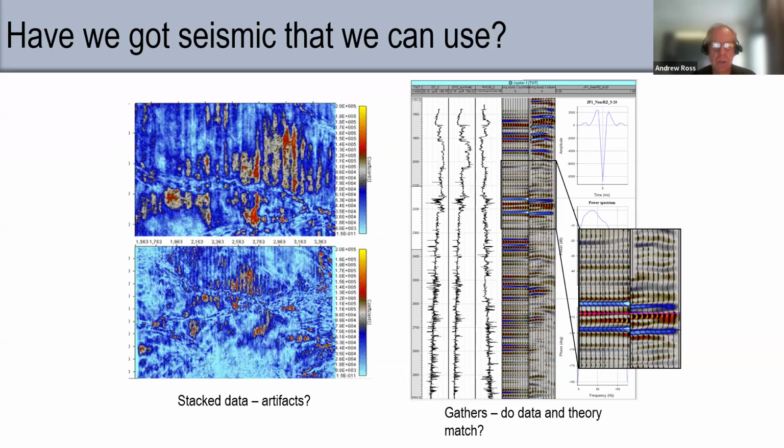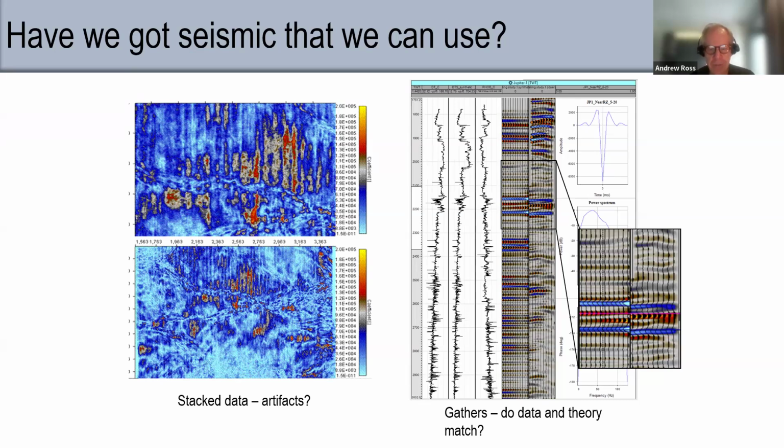If I try and interpret that, it's certainly going to make my auto tracking harder, but I might be able to interpret my way through this, because I can see it's the same reflector. It's not a problem. But if I start doing anything automatic or do inversion, those vertical stripes are going to look like geology. And you do get geology that looks like that.